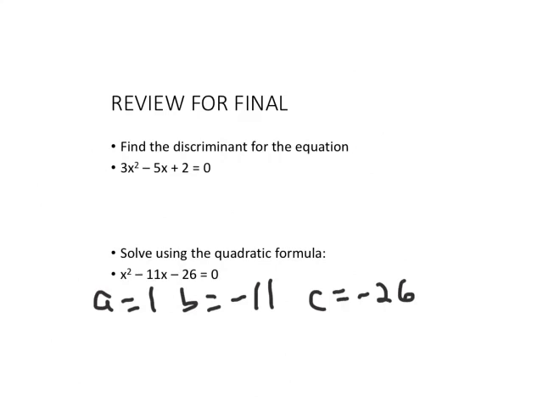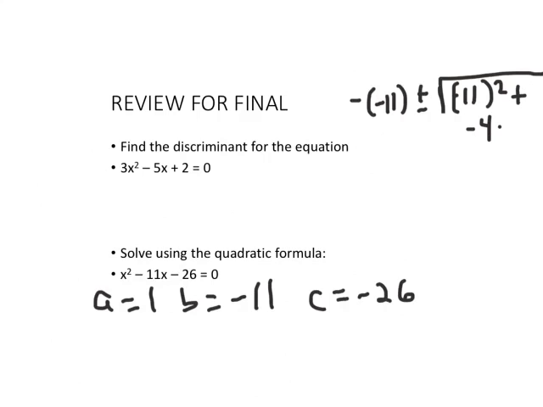So to solve using the quadratic formula, you use the formula negative b, which is going to be negative 11, plus or minus the square root of b squared plus negative 4ac, all over 2a.